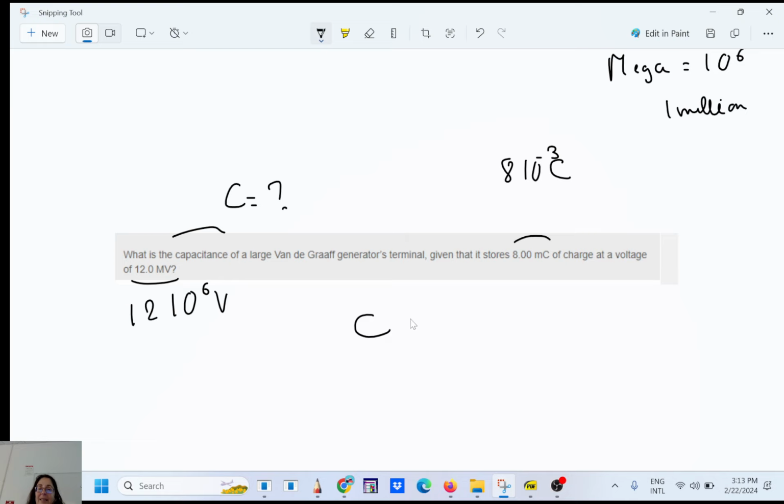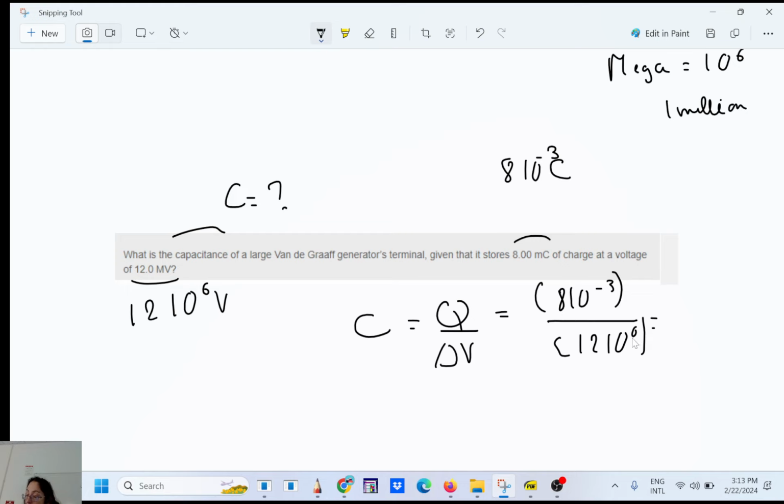So, capacitor, it's Q. 6.6, yes, 10 to negative 10.